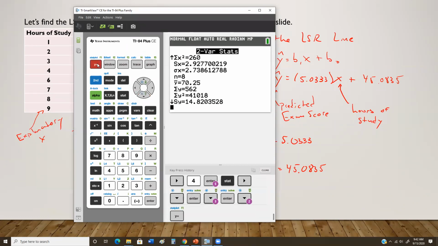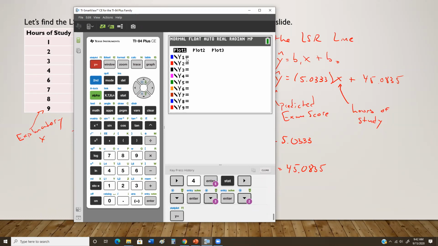All right, this is how you're going to put the equation of a line in. Notice how it says y1 is equal to. Now what we're going to do is input this equation right here. We're going to put the slope, 5.0333.